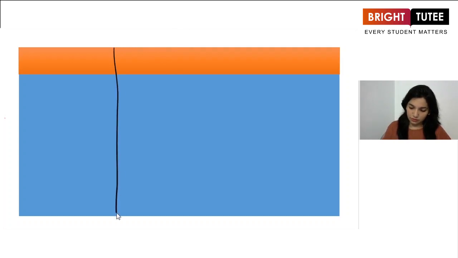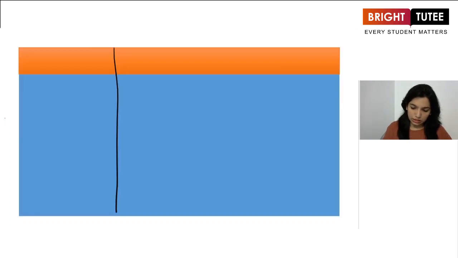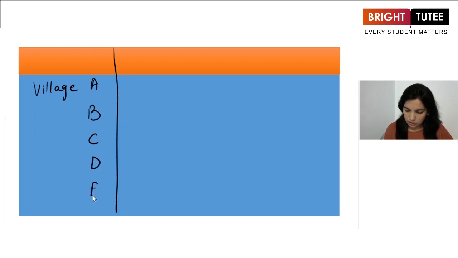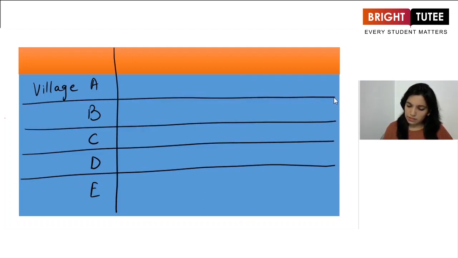So this is one division. Then we have got how many villages? We have got till E. So let us write it here. Village A, B, C, D and E. So it is all villages, and I'm just writing A, B, C, D in here.